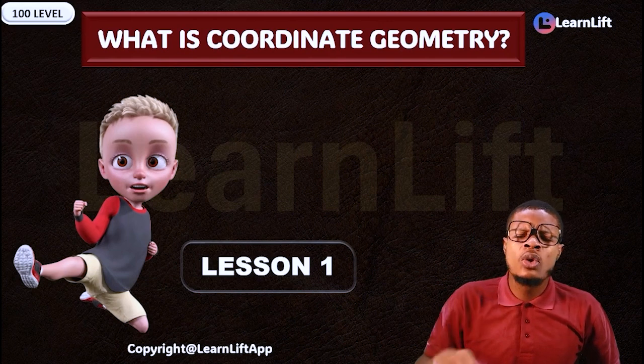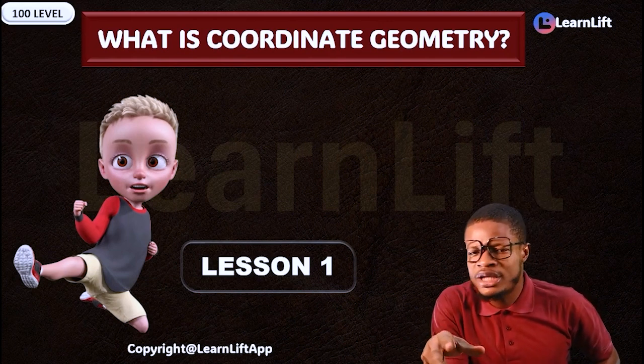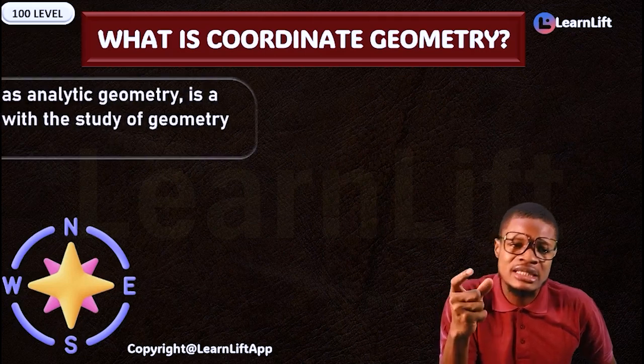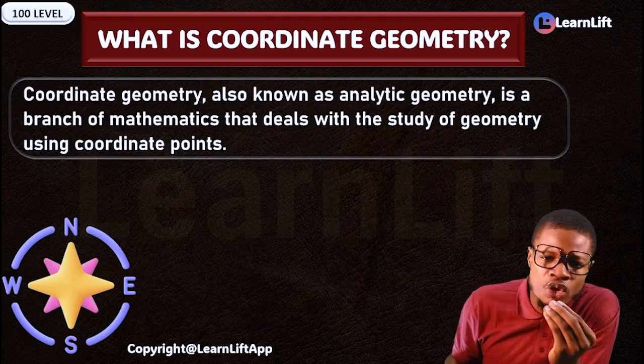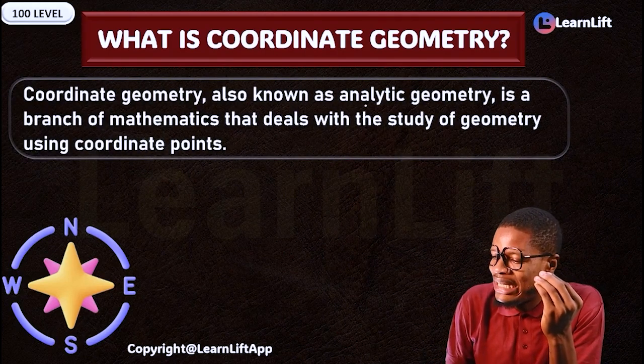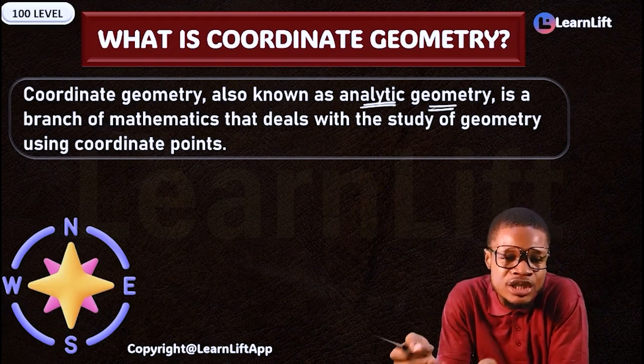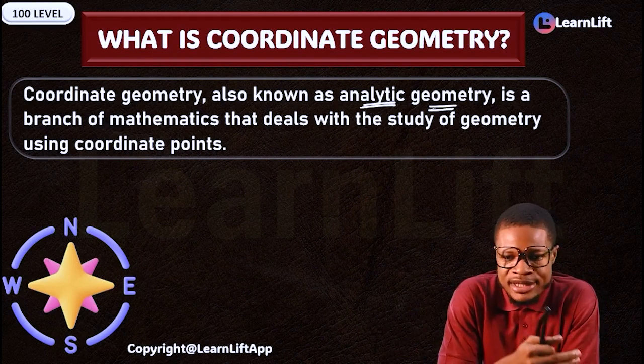In the definition of coordinate geometry, the first thing I would like to draw your attention to is the fact that coordinate geometry is also called analytical geometry. Whether they say analytic geometry or analytical geometry, they mean the same thing.